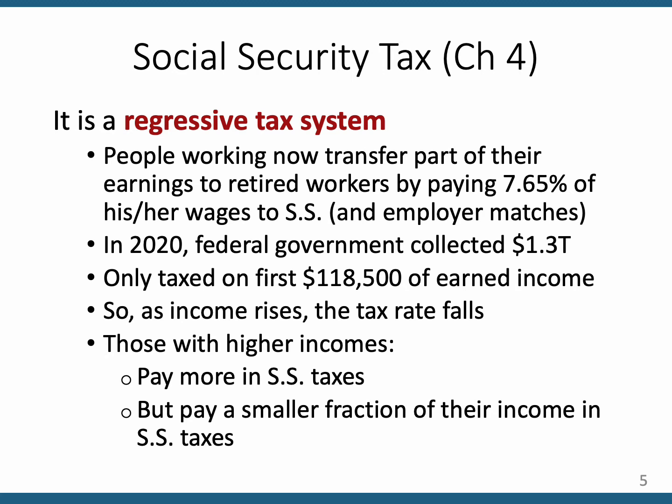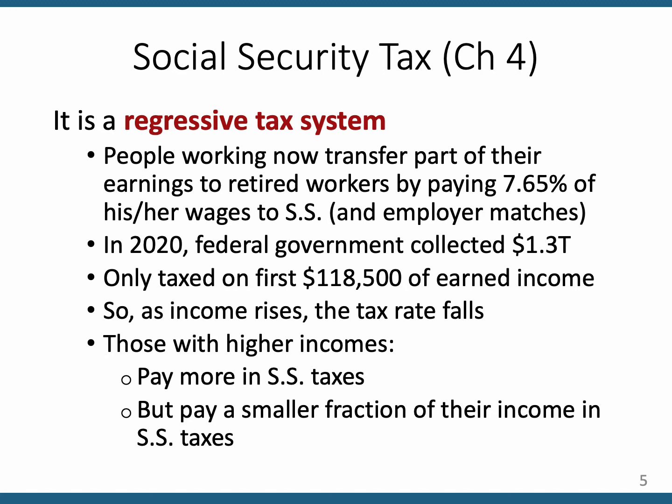Now, it's capped. You only pay Social Security taxes on the first $118,500 of your income. So what this means is if you make lots more than that, the percent of your income that goes to Social Security taxes is quite small. So I'm going to figure out right now, you could do it with me, pull out your calculator. We're going to figure out what Warren Buffett pays in Social Security taxes.